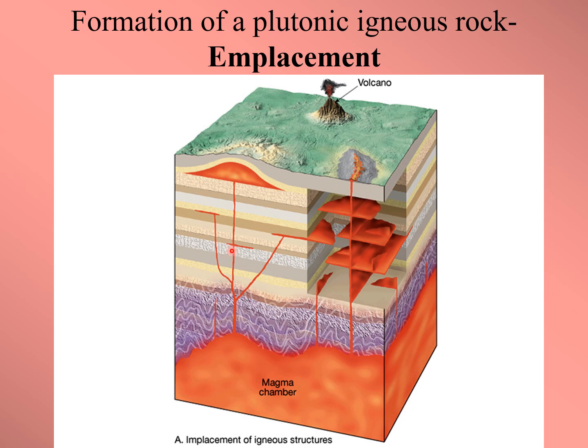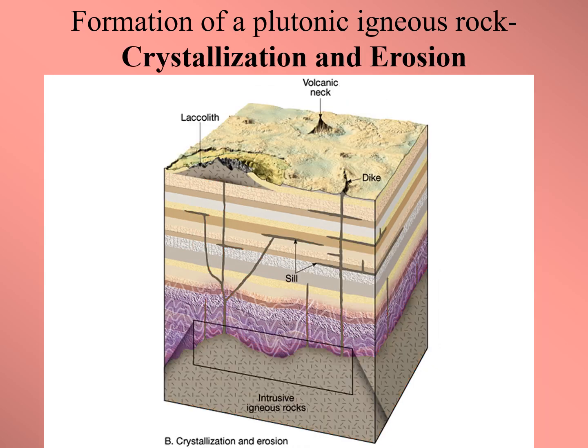But whenever it's an igneous rock, so any kind of magma or lava that settles in an area, whether that's intrusive in the crust or on the surface, we call that emplacement. And once a magma is emplaced, it stops moving and starts to cool down. As it's cooling, it crystallizes. That's the crystallization portion of the formation of a plutonic igneous rock.